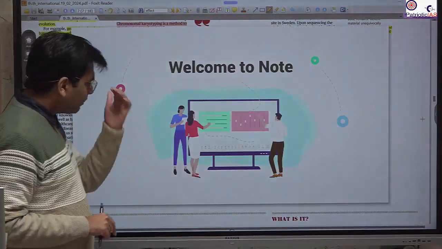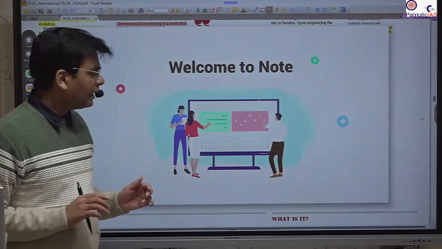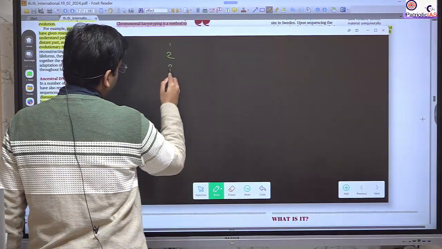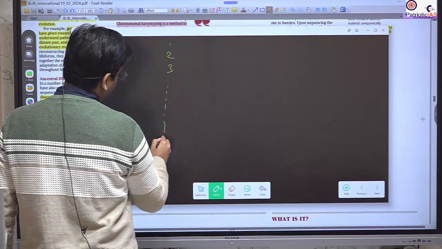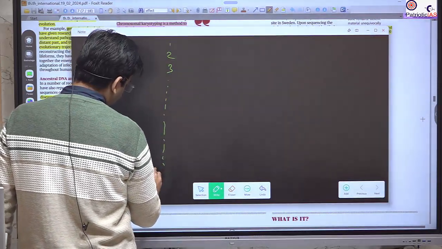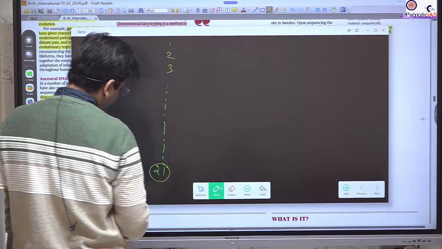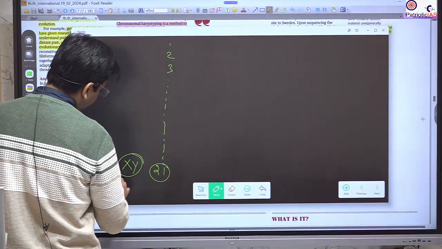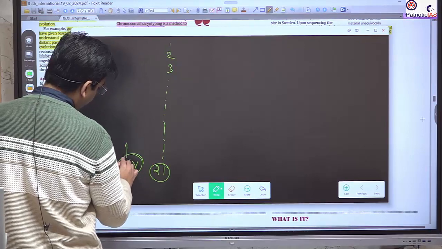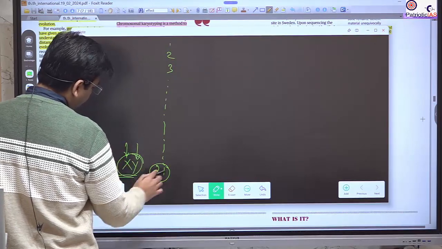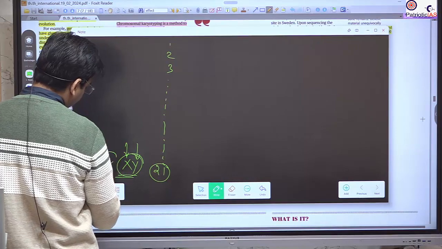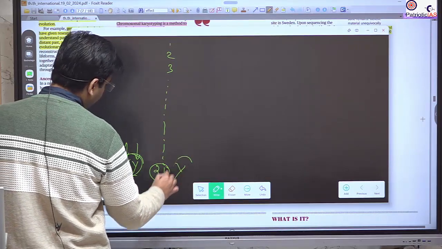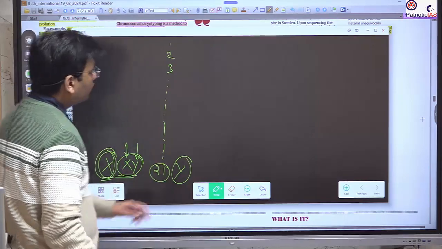I said that the number of chromosomes is 46 and they are 23 in pairs. So 1, 2, 3, 4, 5, 6, 7, 8, 9, 10, 11, 12, 13, 14. Okay, think that there is 21 and there are 2 of them in a pair. One comes from the mother, one comes from the father. And if there is an extra one, this will turn into Down syndrome.